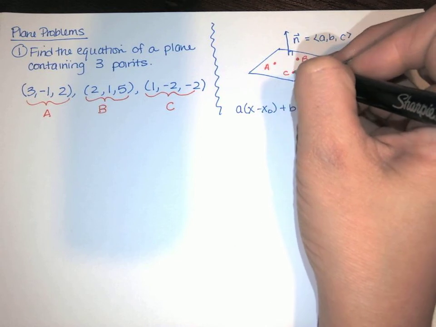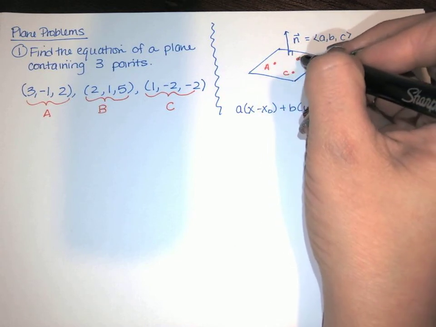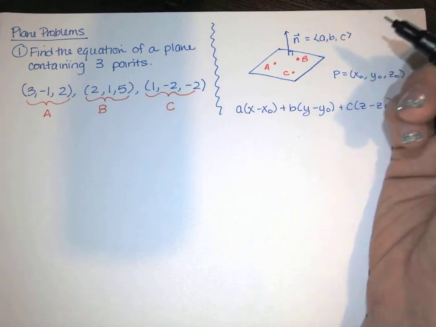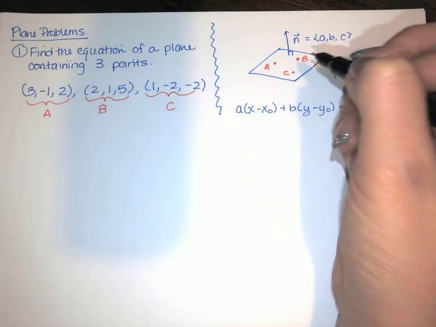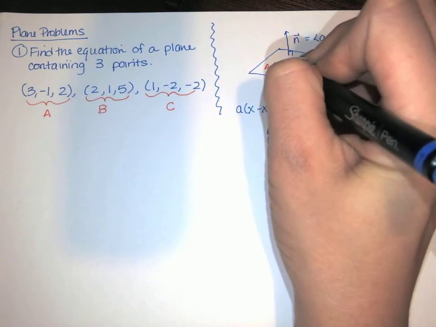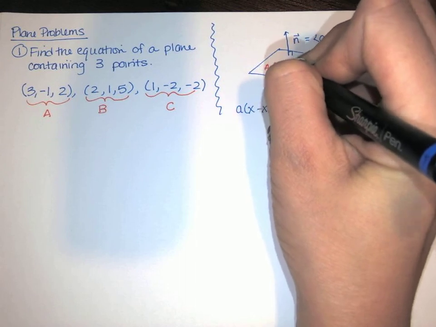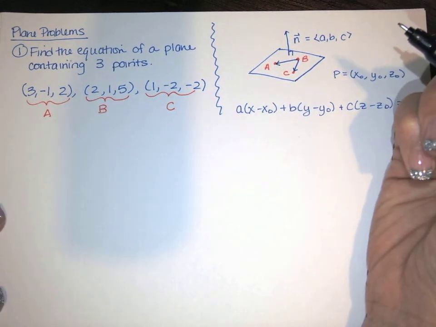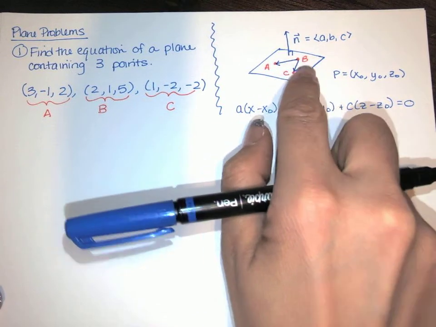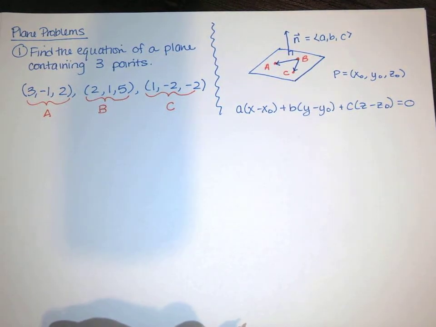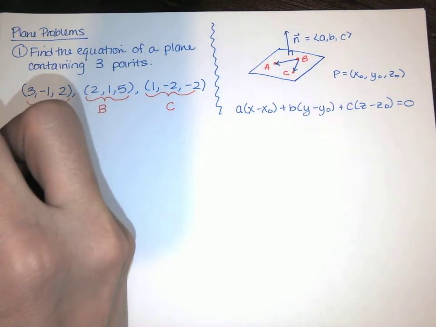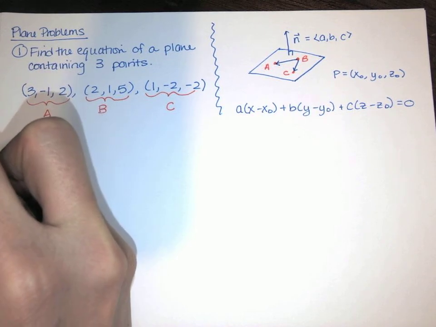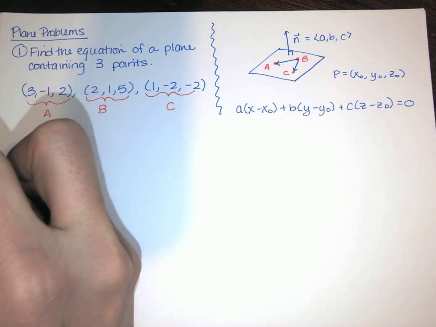We could do the vector from A to C and then the vector from B to C. That would be fine. Any 2 vectors would be fine. I think I want to do the vector from B to A, and the vector from B to C. Now both of those vectors are in the plane. So BA is in my plane, and BC is in the plane.